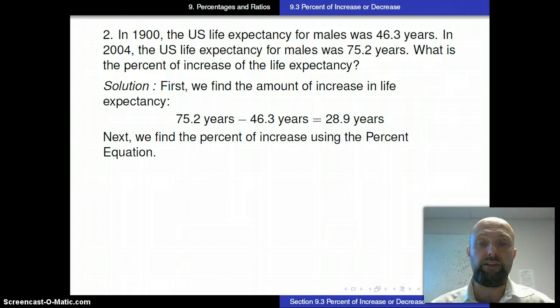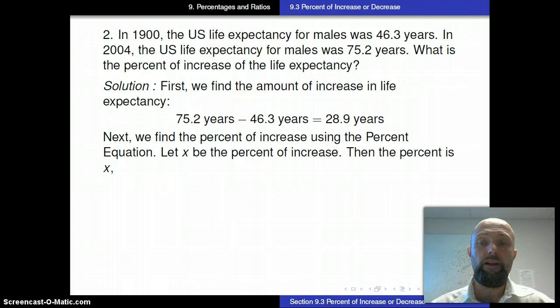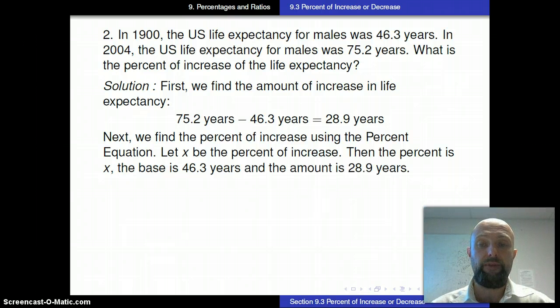We use the percent equation for this. So let x be the percent of increase. Then the percent is x. The base is 46.3. And the amount is 28.9. Amount is percent times base, so we get 28.9 years is x times 46.3 years, which is 46.3x years.